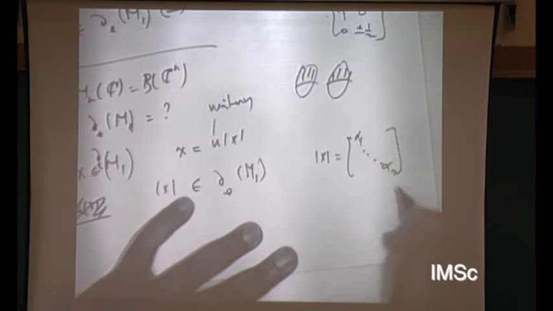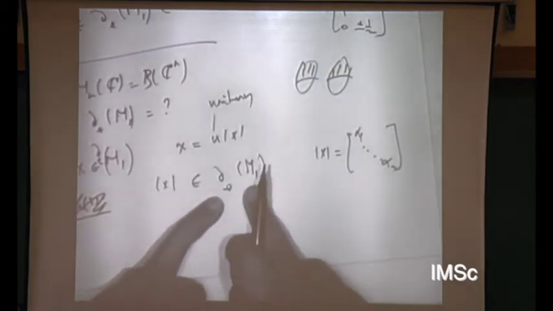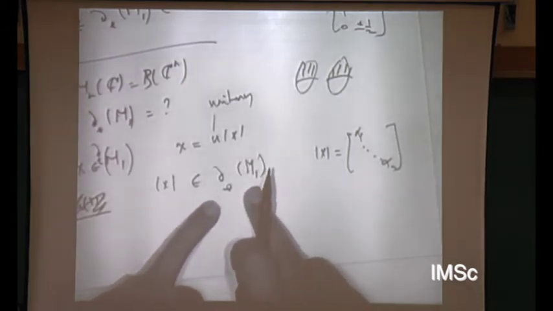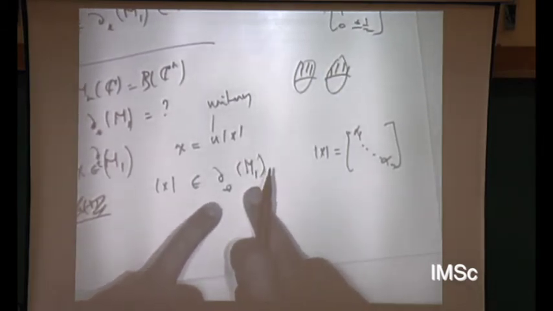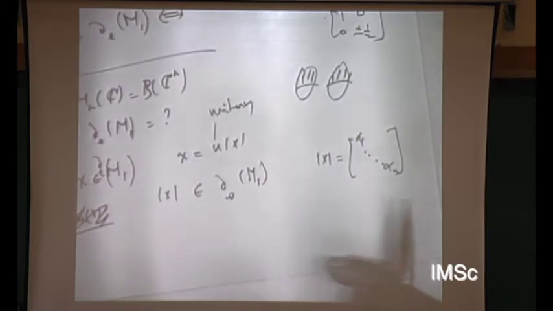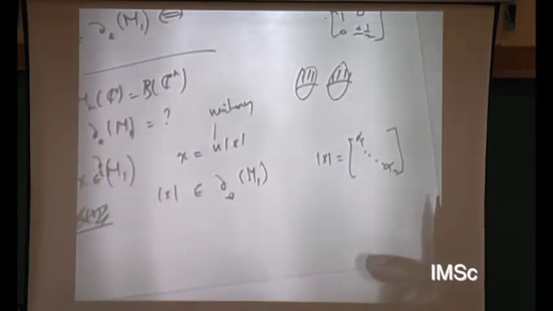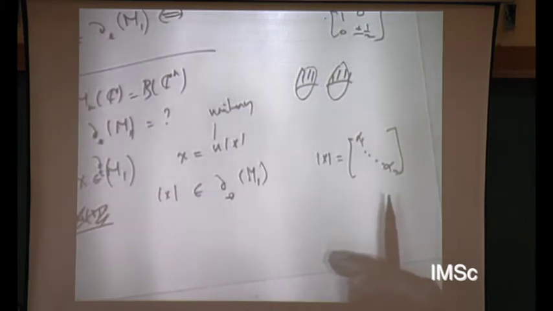If mod x is diagonal, what does this statement mean? It is in the unit ball of Mn. What does it mean about the alphas? There are only finitely many alphas. So each mod alpha j is less than or equal to 1. Okay.